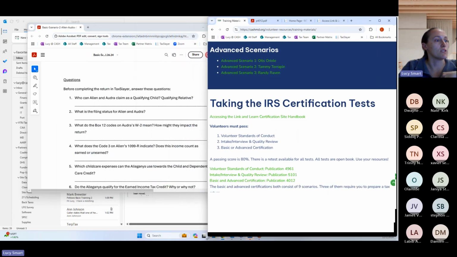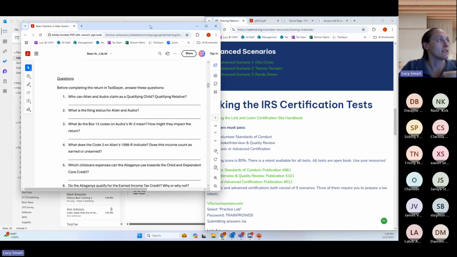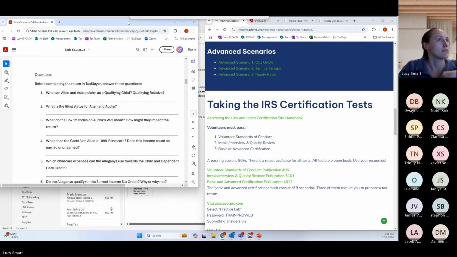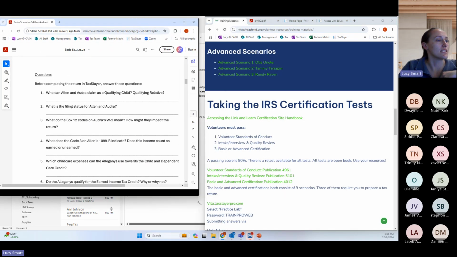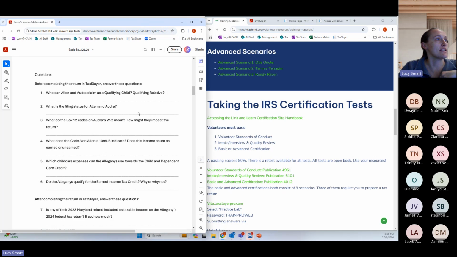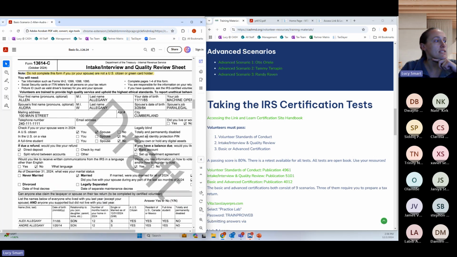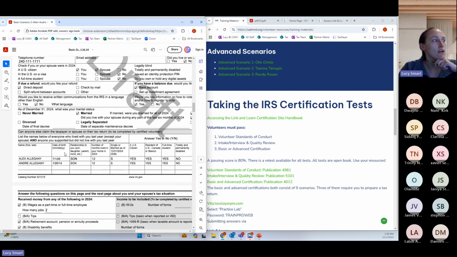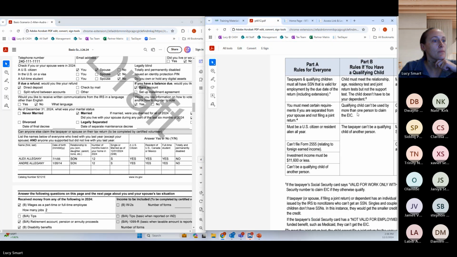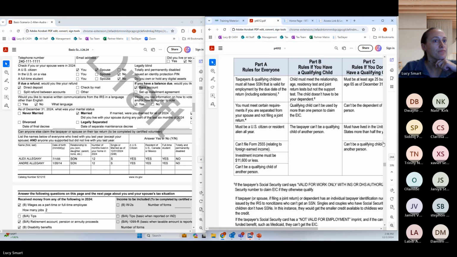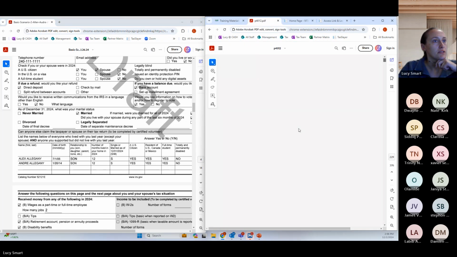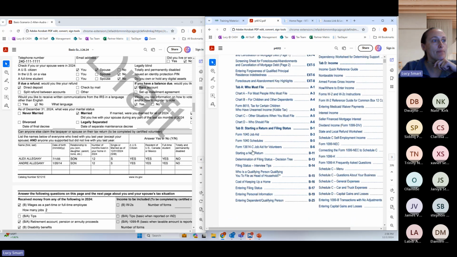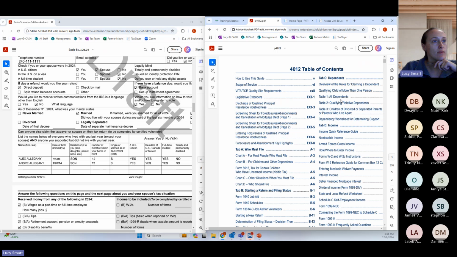Because we need our Pub 4012 to determine filing status and dependency. We always start with dependency. So we'll need this information from their intake interview form. Okay, so we'll go to tab B or tab C, table 1 for all dependents.